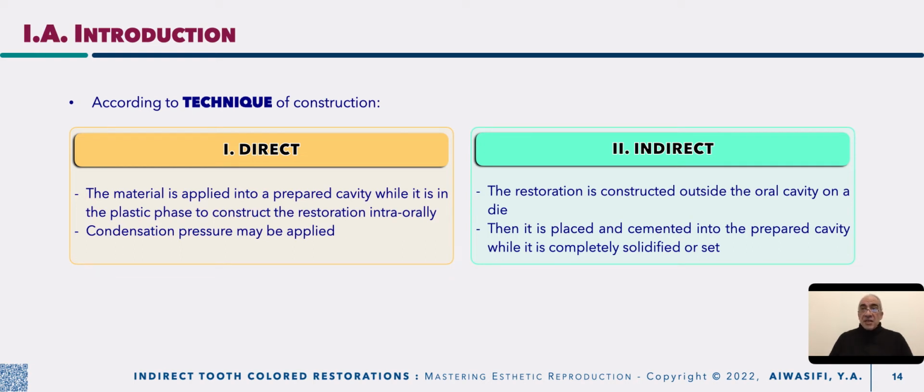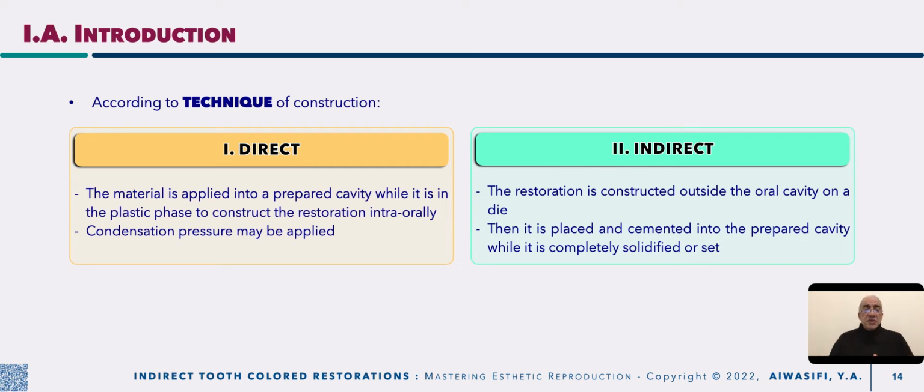The difference is that one is shaped inside the cavity and sets inside your cavity, and you are limited by a working time. Here, the restoration comes absolutely solidified, or absolutely set, and then cemented into place.